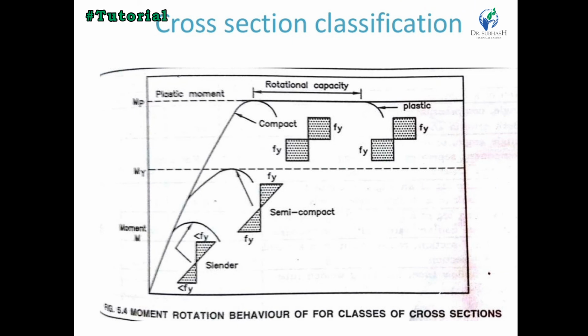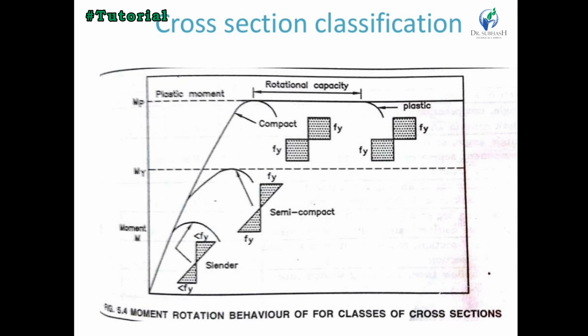A cross section in which the element buckles locally even before reaching yield stress is called slender. What is semi-compact? A cross section in which the extreme fiber in compression can reach yield stress but cannot develop the plastic moment. It is not in the elastic stage but has not reached the plastic moment, and is called semi-compact.